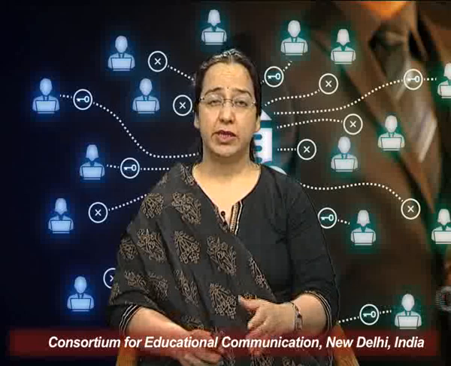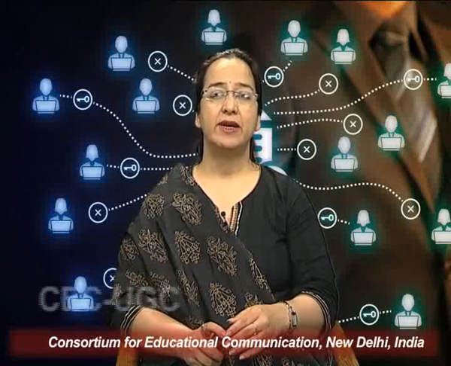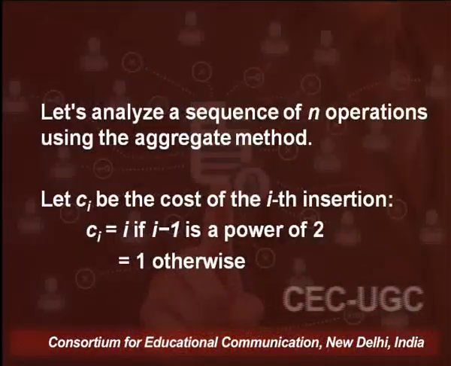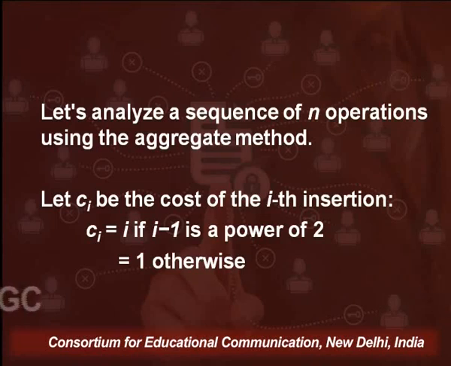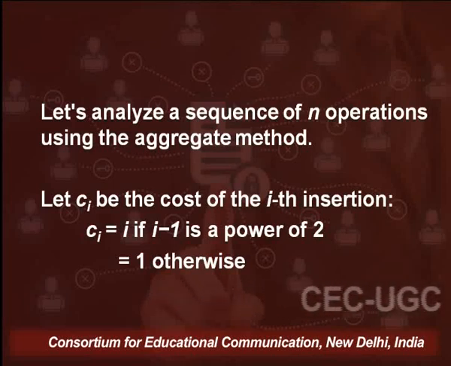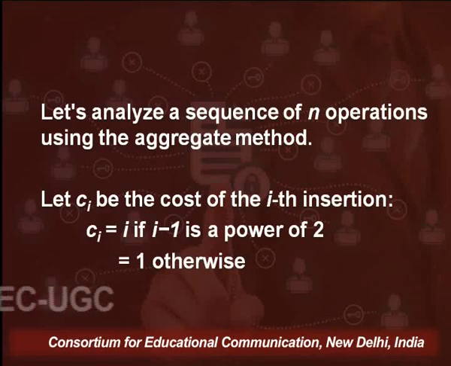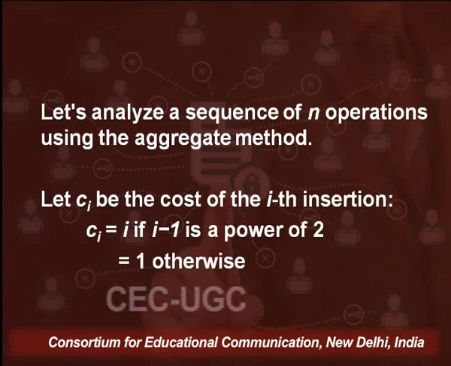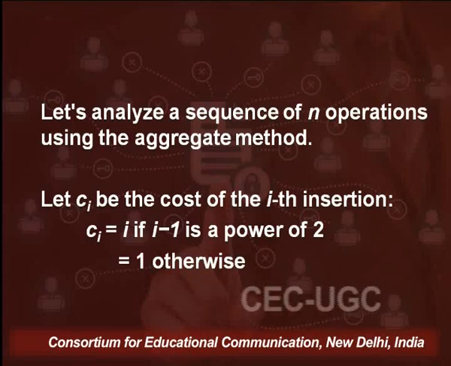In order to understand this fact, let us analyze a sequence of n operations, and we will be using the aggregate method for this. Let us consider Ci to be the cost of the ith insertion, and this Ci is going to be i if i minus 1 is a power of 2, or it is going to be 1 otherwise.